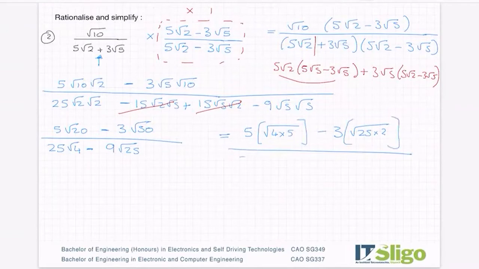And then on the bottom, I have 25. Now root 4, the square root of 4 is 2. And the square root of 25 is 5, okay? So when you get faster at surds and you start to understand them, you will know that root 5 by root 5 is going to be 5, okay? Because it's the square root of 25, which is 5.